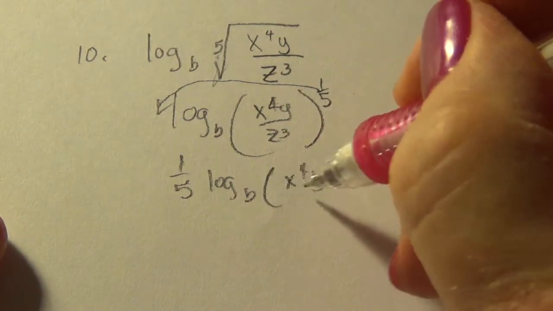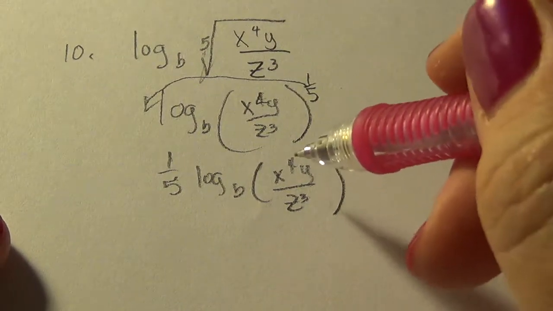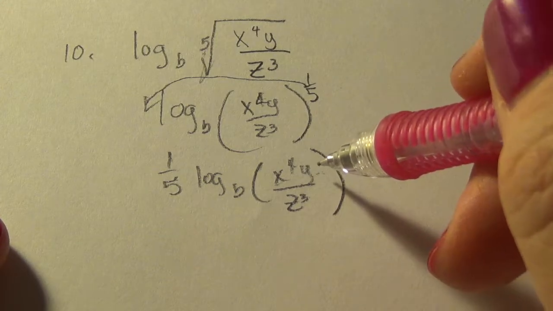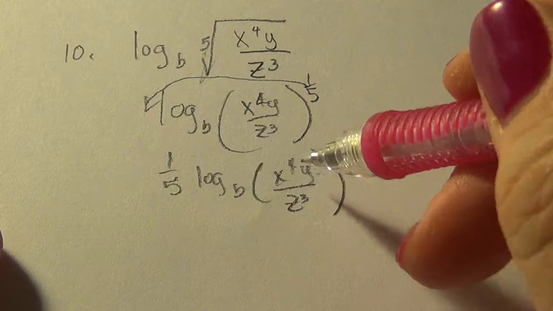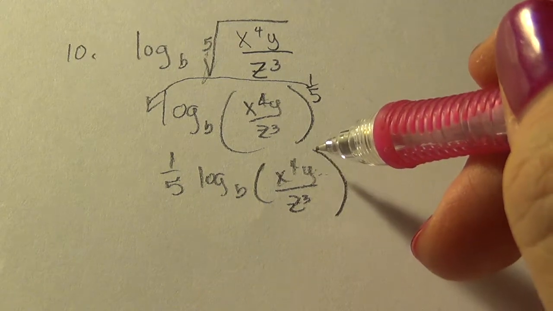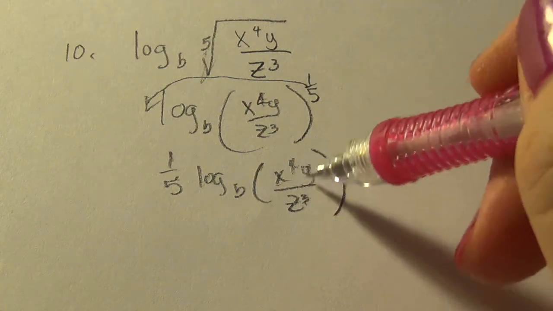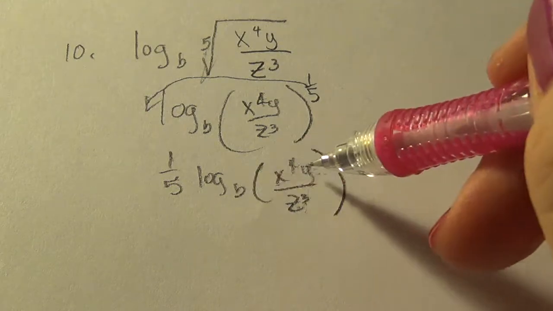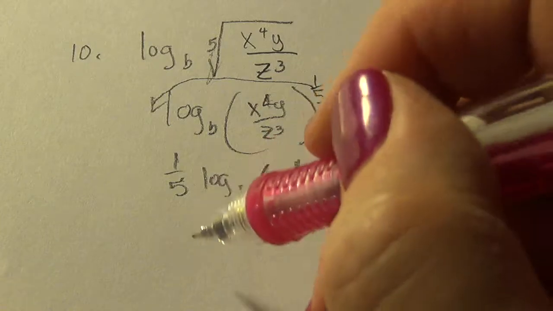And now we'll apply the other rules of logarithms. We found that when in the argument two values are multiplied, we can write it as two logs that are added. And when quantities within the argument of a log are divided, we can write it as two logs subtracted.